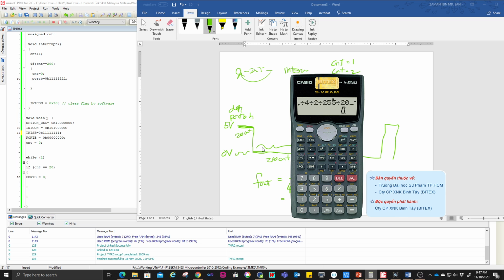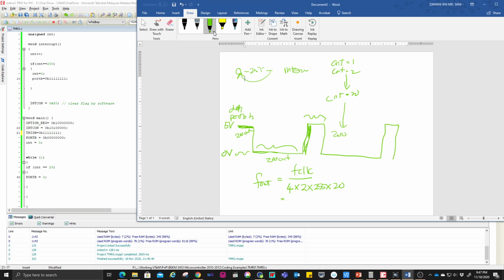This is equivalent to the F out, but you want to see the period, which is 1 over the answer. This is around 2 milliseconds. So the value here is around 2 milliseconds.